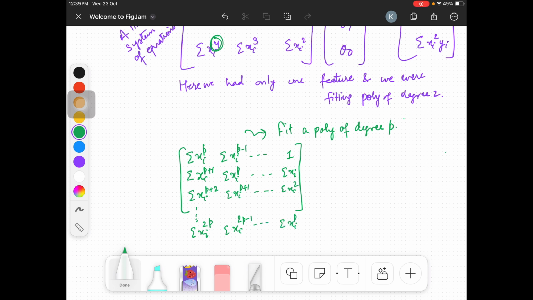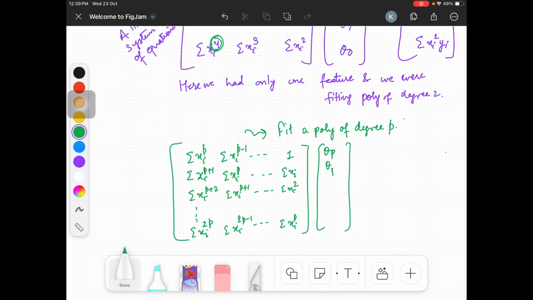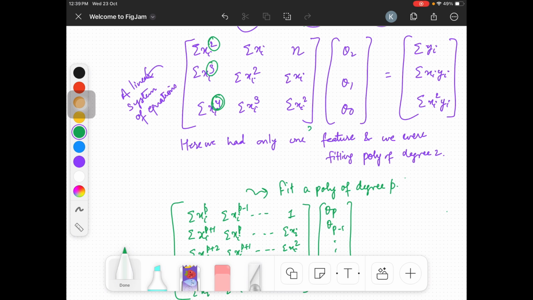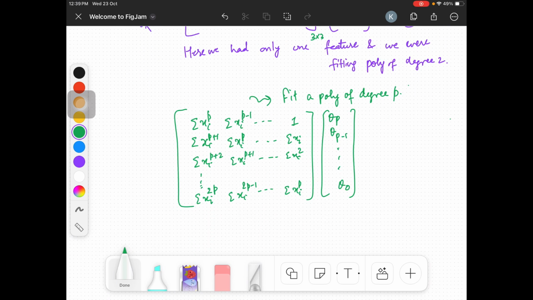So this is the matrix you will have when you are trying to fit a polynomial of degree p, and then you have here theta p, theta p minus 1 and so on, theta naught, right? So you can see that this was a 3 cross 3 matrix for a polynomial of degree 2. So this should be p plus 1 cross p plus 1 matrix, that you can check, right?